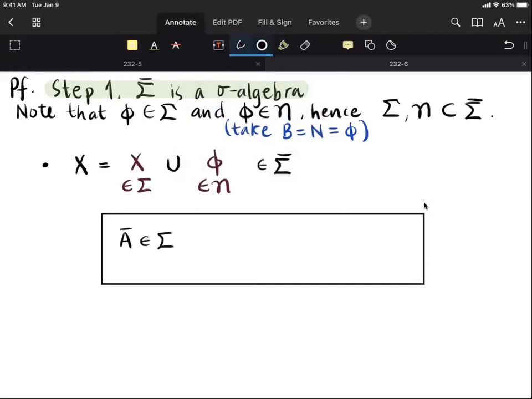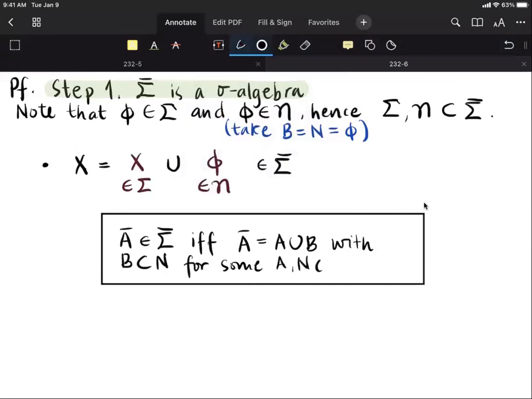A bar is in sigma bar if and only if A bar is equal to A union B, for some A in sigma, with B a subset of N for some N in sigma.